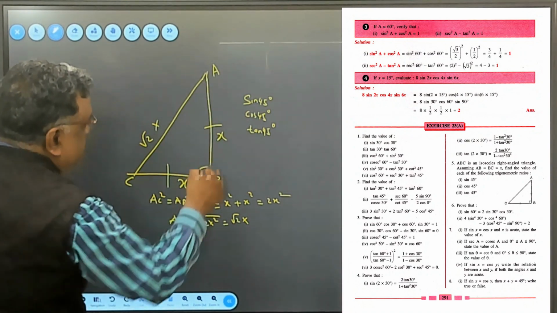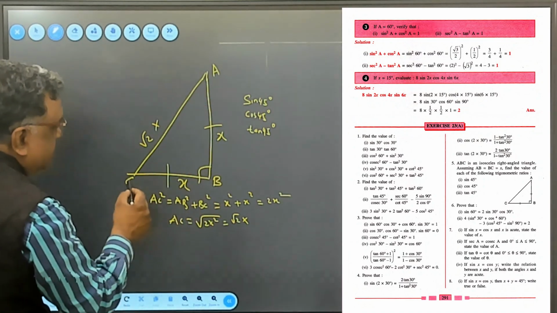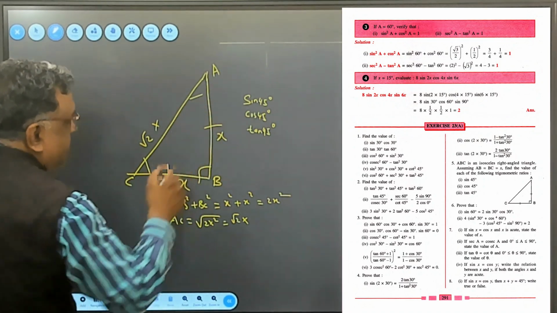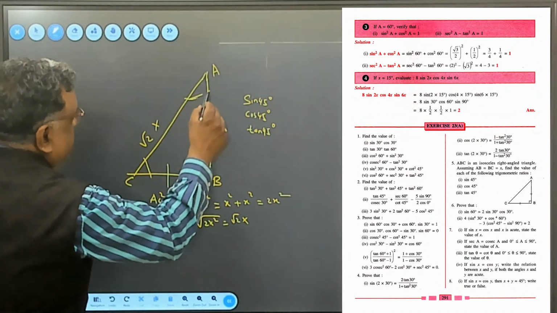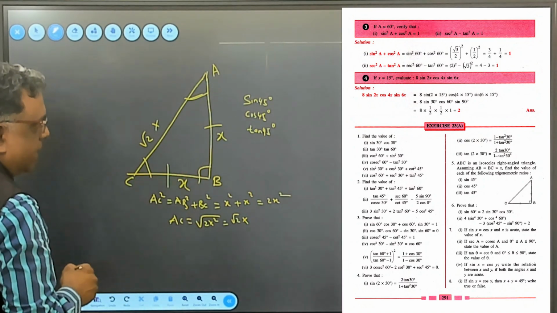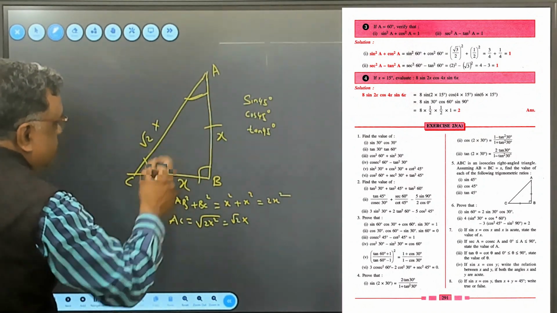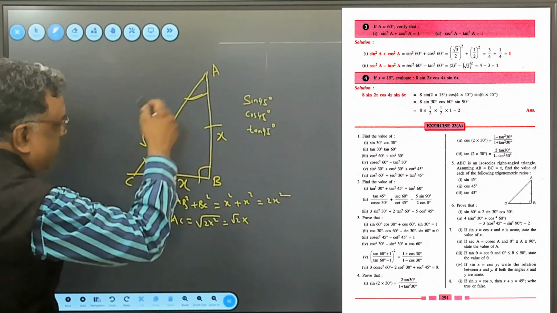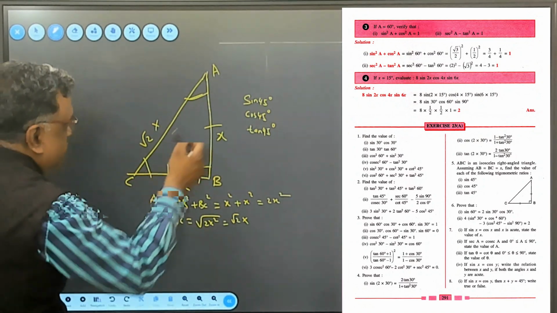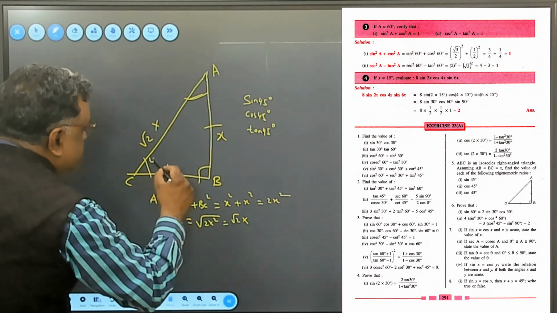Since these two sides are equal, this angle and this angle will be equal because it's an isosceles right angle triangle. And the sum of these two angles is 90 because the sum of all the angles is 180. So if the sum of two angles is 90 and they both are equal, this is 45 and this is 45.